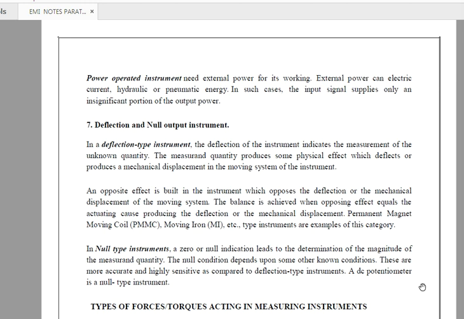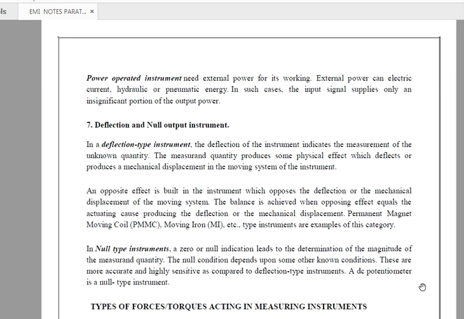A self-operated instrument doesn't need external power, and a power-operated instrument needs external power for its working. External power can be electric current, hydraulic or pneumatic energy. In such cases, the input signal supplies only an insignificant portion of the output.